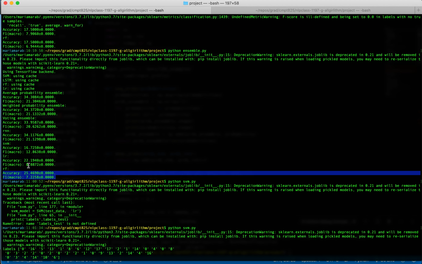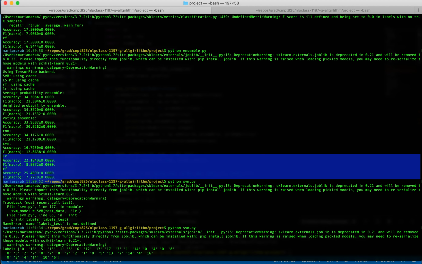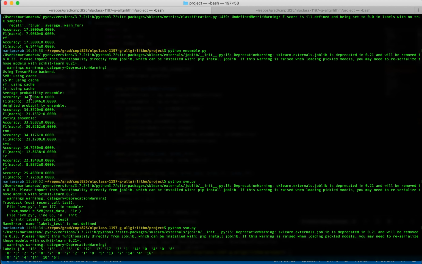Of course, the accuracy would have improved had these three not been so inaccurate, specifically these two. But theoretically, the voting ensemble should be the best approach if the probabilities were close together, and the probabilities are close together in the paper. They're just not close together in the ensemble, which is what's causing the decrease in accuracy.